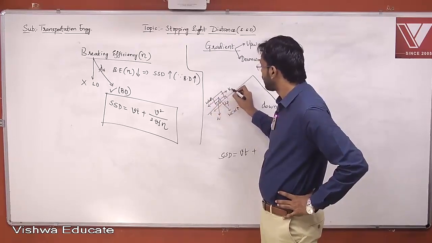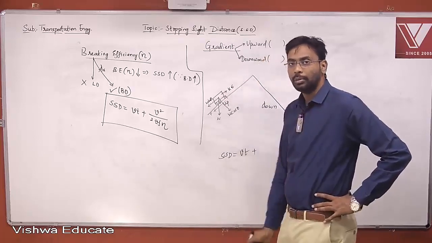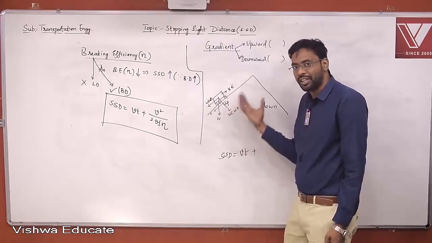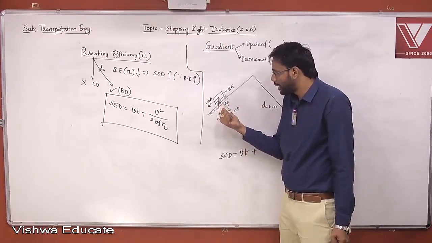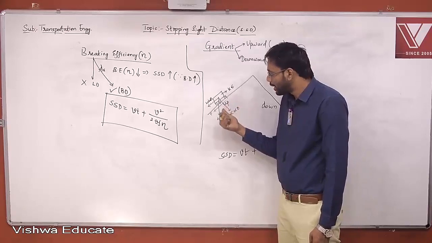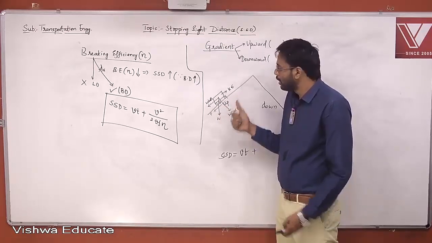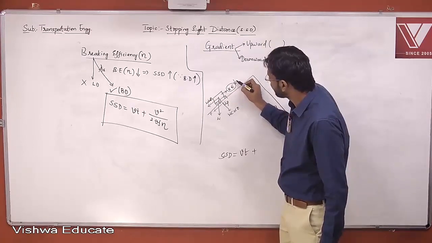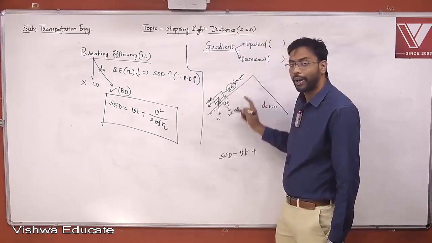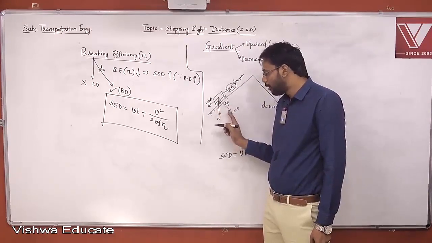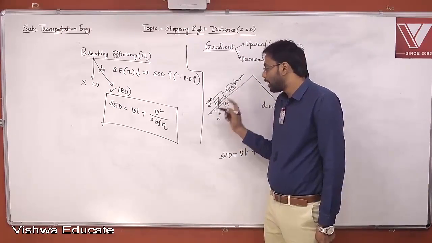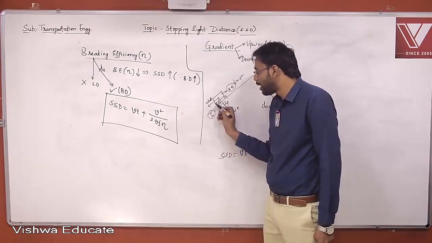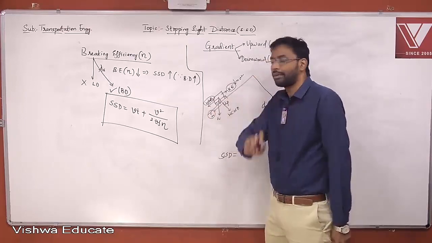And as usual, your kinetic energy will be moving in this direction. As your vehicle is moving in this direction, you will have kinetic energy of half mv square. Whereas here you will be opposing. The kinetic energy is opposed by friction as well as W sin theta.